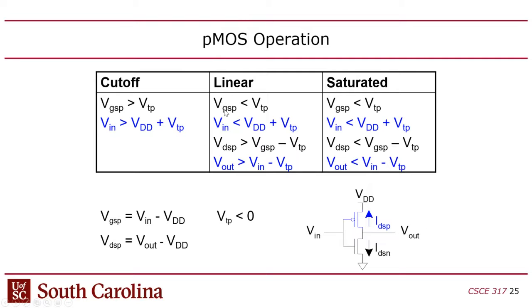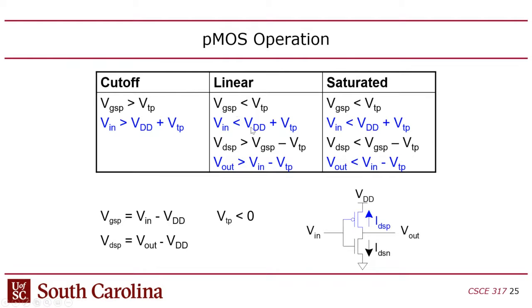Same idea. The gate source is going to be, we're looking for that to be less than the threshold. Why less than? Because, remember, it's negative.